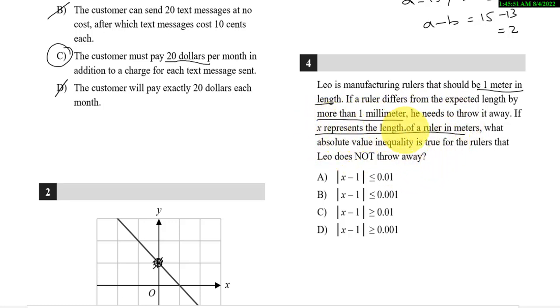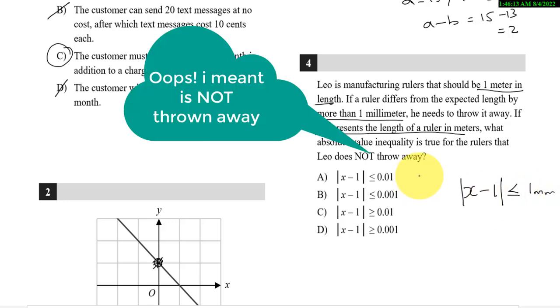So if x represents the length, then that means that the length we need lies within a range of x minus 1, since 1 is the standard unit and the length we are measuring is x. So anything less than or equal to 1 millimeter is kept, because that's what we want.